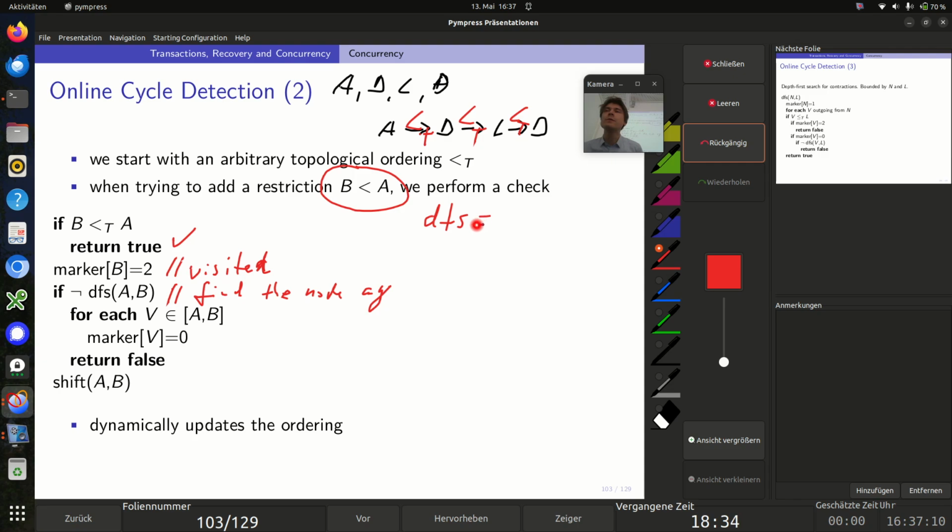DFS equal to false means cycle. So if false, we have a cycle found, and therefore we cannot add this restriction.